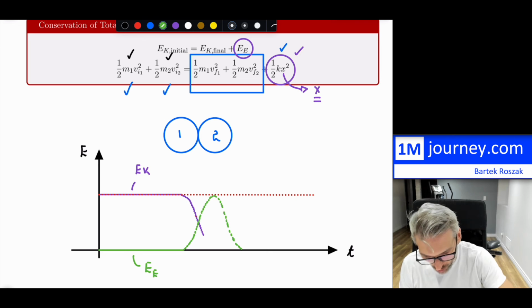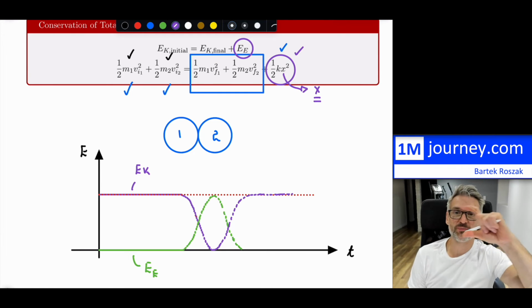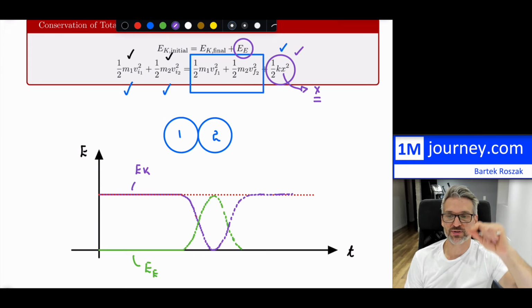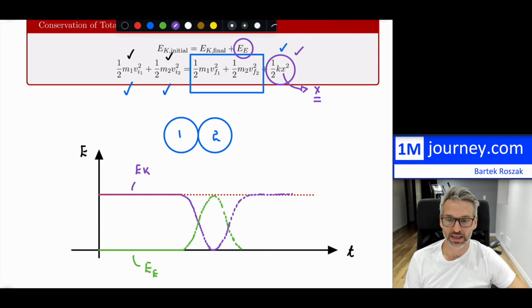Then there will be no more elastic energy, and the kinetic energy will go to some minimum, then pick up and come back to its original value. That would be the view of the transfer between one and the other, but the total amount always stays the same.